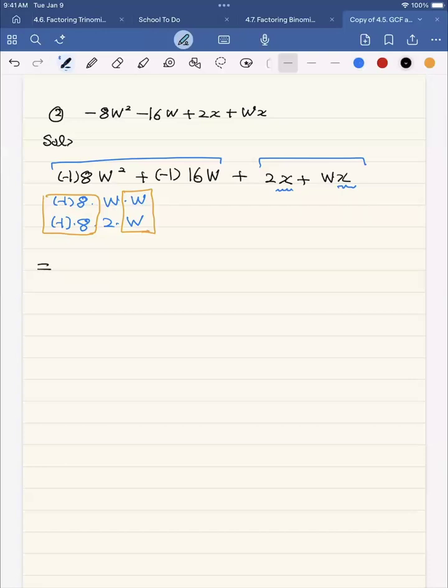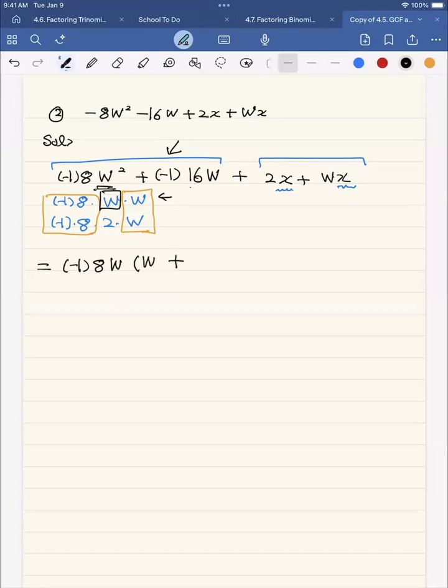Then in the first two terms, the common factor is negative 1 times 8w. From the first one, the remaining one was w because it was w squared. So w.